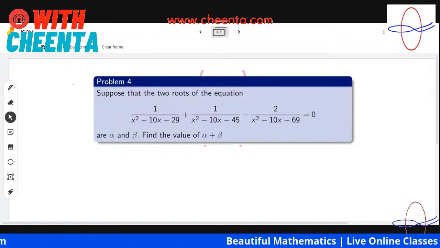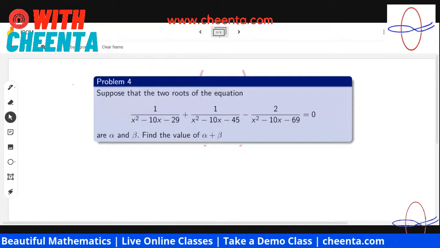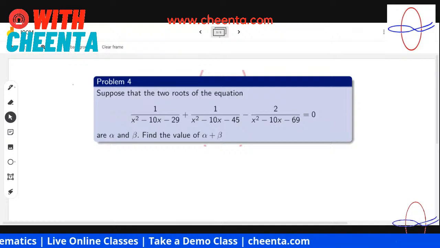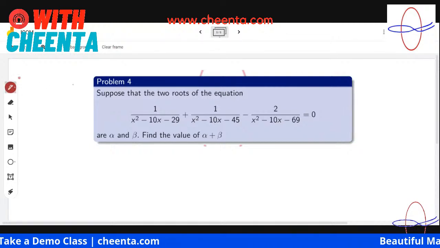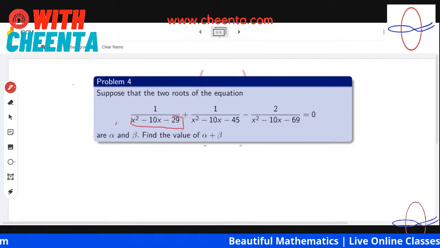Observe this: x square minus 10x is the same. Okay, that's the main basic idea. You can take this as some constant, lambda. So what do you get?